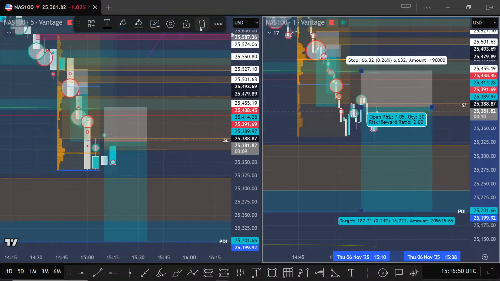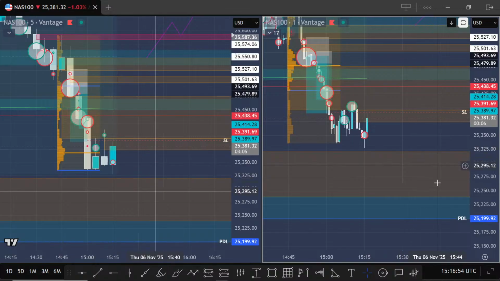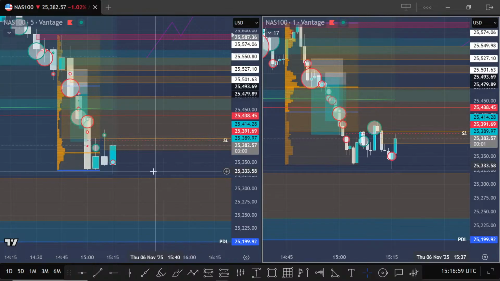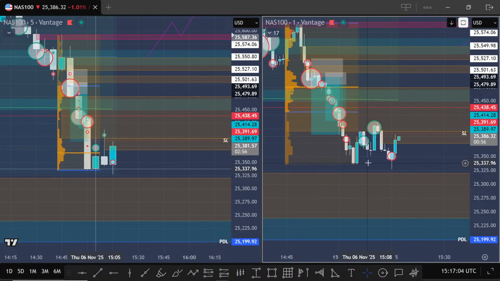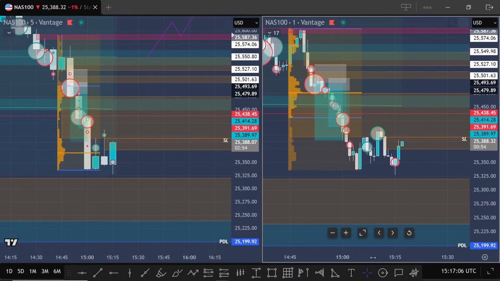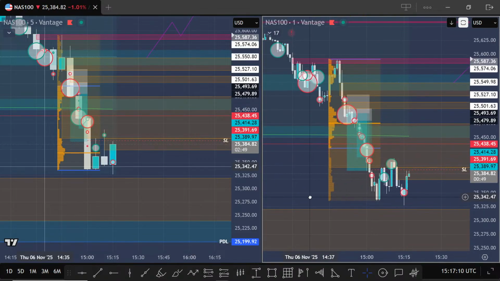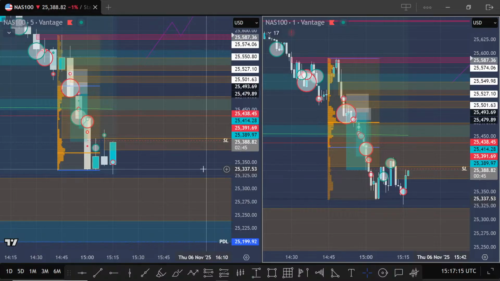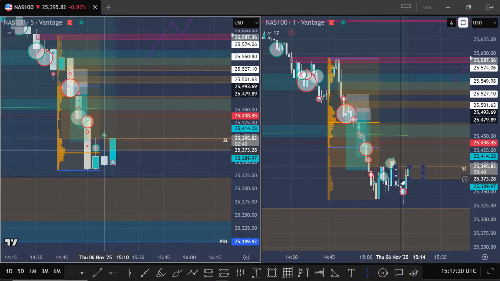I get these really fast trades, and then I like to flick back to the 5 minute to check what I've not been seeing on the higher time frame, because inevitably there's usually something.